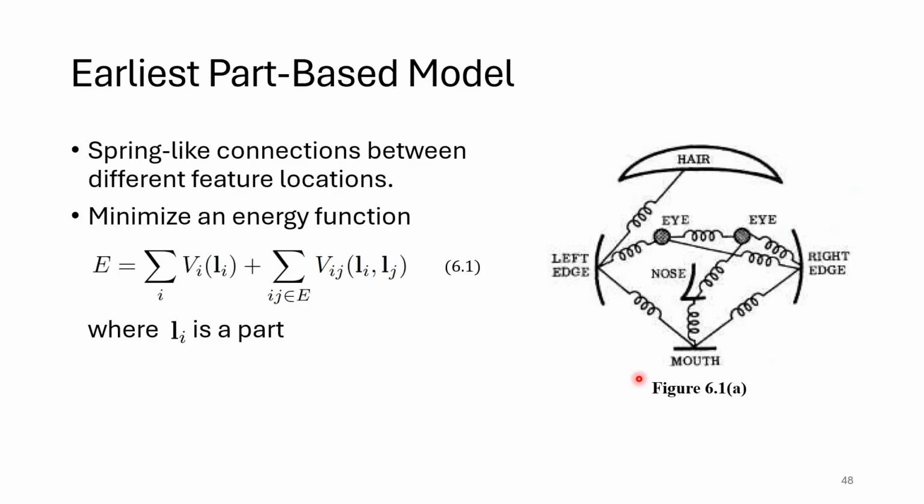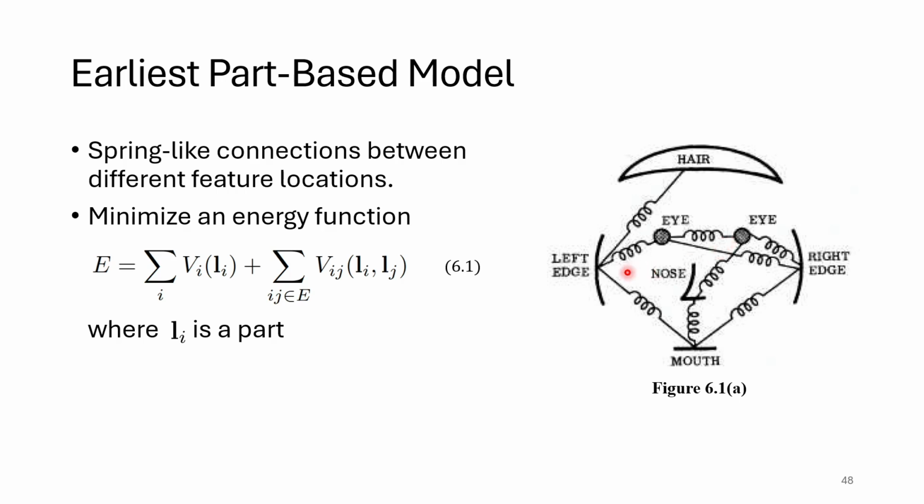This approach has been developed for many decades, and this is the earliest body part approach. It models human faces, and it uses a spring-like connection. So this is the hair, left eye, right eye, nose, mouth, left edge, and right edge. They use something like this, a Markov random field, to model that two parts, for example the left eye and the right eye, should not be too close, but also should not be too far away.